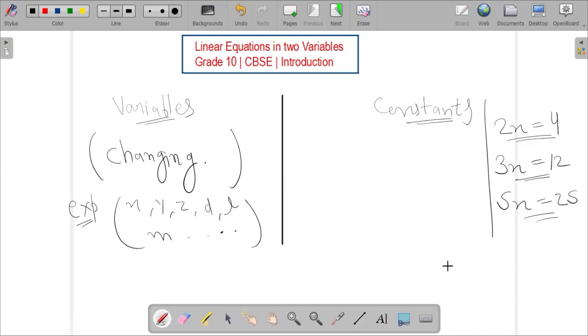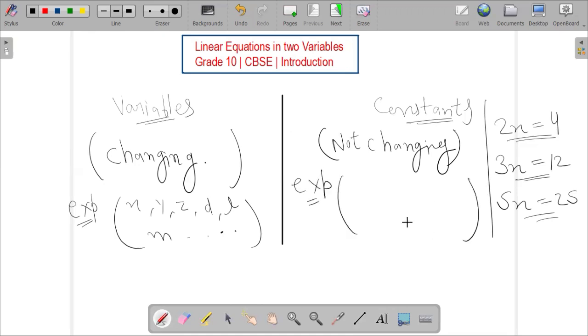Now the constants. What are my constants? In mathematics, a constant is something which always has a fixed value, a value which is not going to change. What are the quantities that are not going to change in any situation?